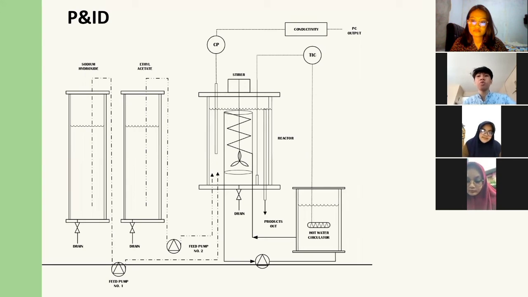For the hot water circulation, the TIC will control the heater and check the temperature in the reactor according to the set point. To make the hot water circulate, the valve will be pumped. Also, the reactor has a pipe to discharge the product so that the reactants can continue to flow and not fill the reactor.